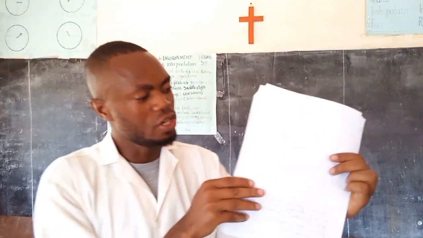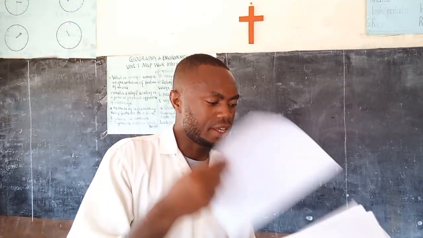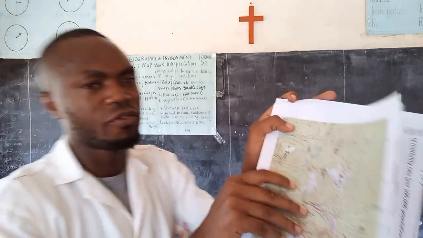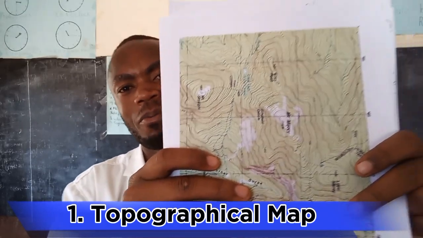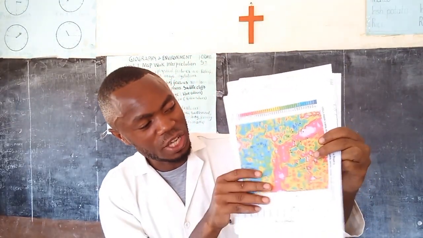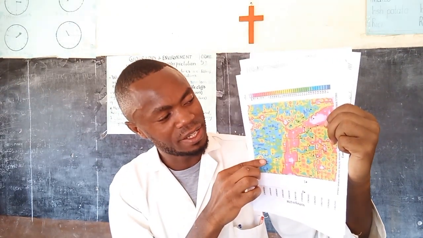Here we first need to know different types of map. We have here first a topographical map. Here we have another type of map, which we call an analytic map.